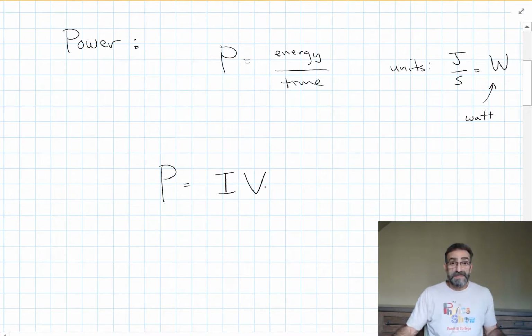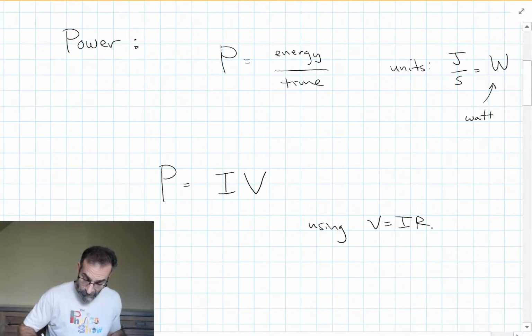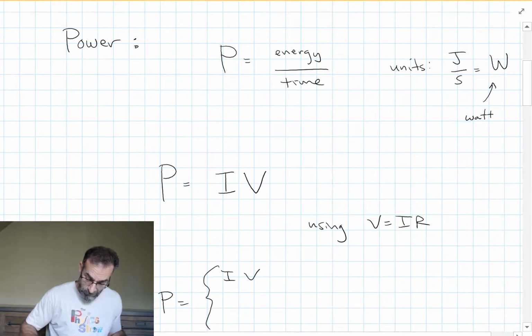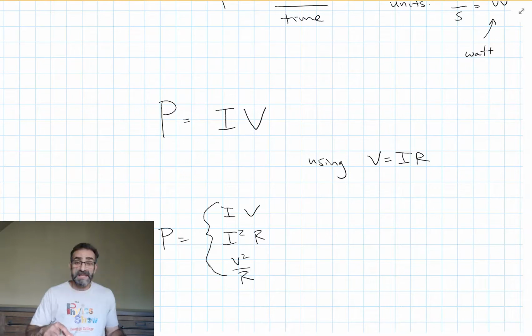But we know for our resistive devices that V is equal to IR. That means we can substitute using V equals IR into our equation for power equals IV and come up with a couple of other forms of that equation.